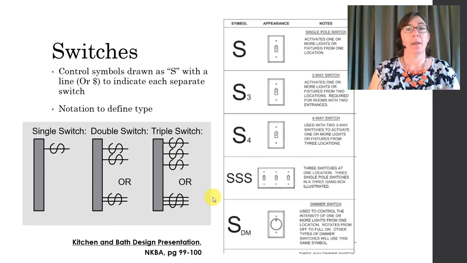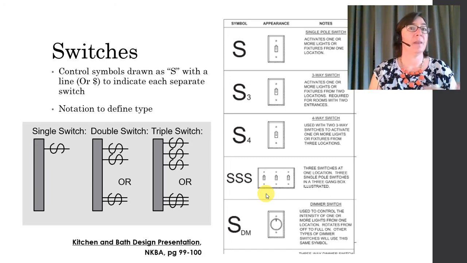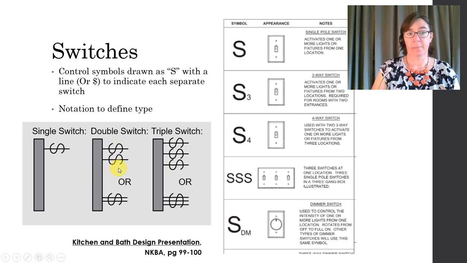Okay. You can have multiple switches in a specific location. You often do. You'll have like 2 in a row or 3. Here is an illustration of 3 switches in one location. Okay. In plans, there's 2 different ways to draw this for a double switch or a triple switch. The first is just to put 2 switch symbols next to each other. That's my favorite way to do it.